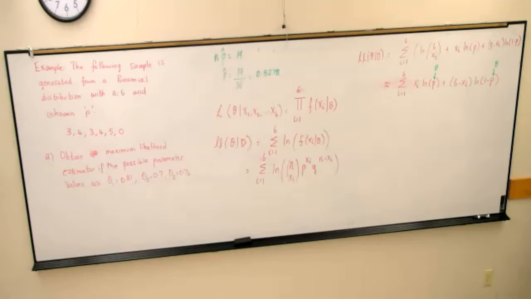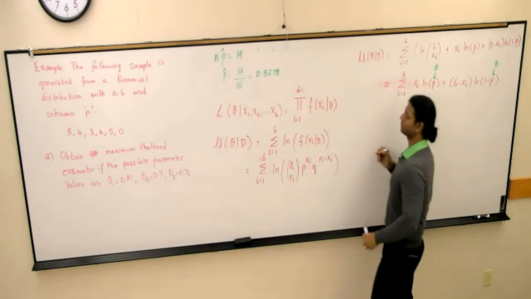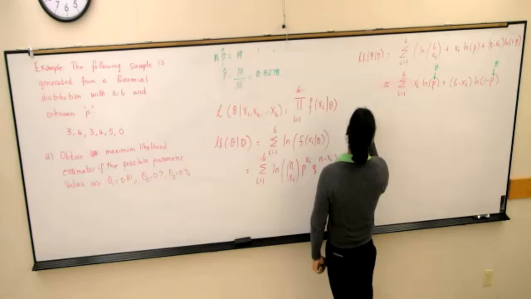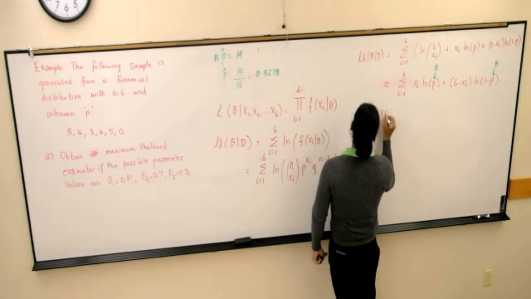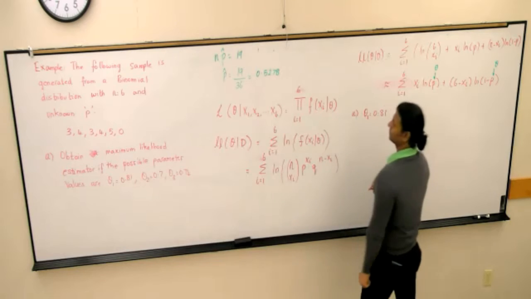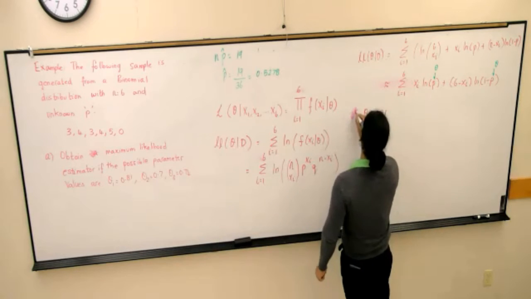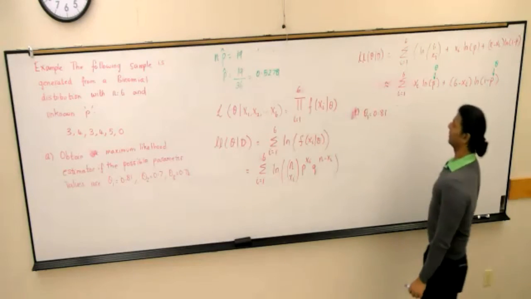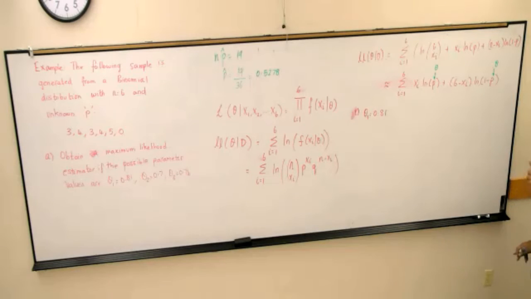Now, we've got multiple theta values. Theta 1 is equal to 0.81. So how do we go about doing this?